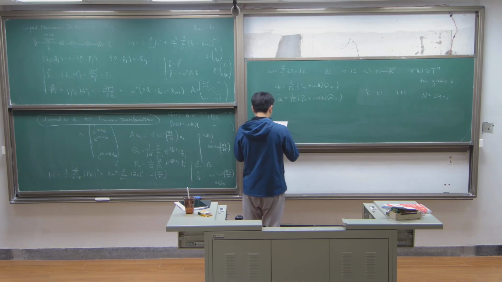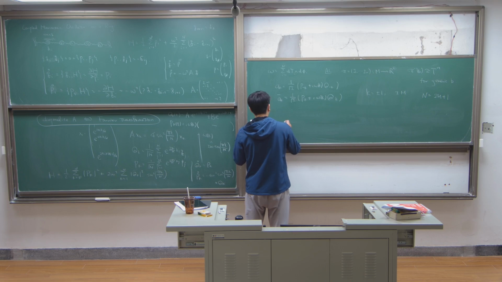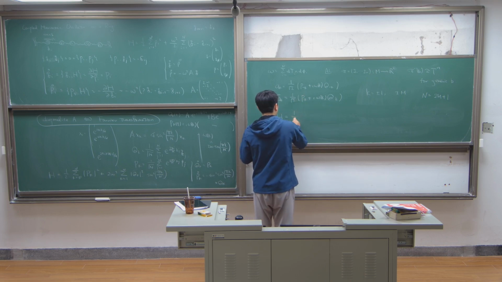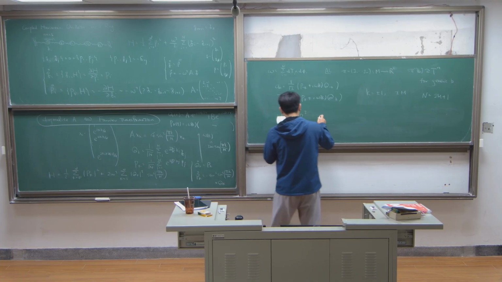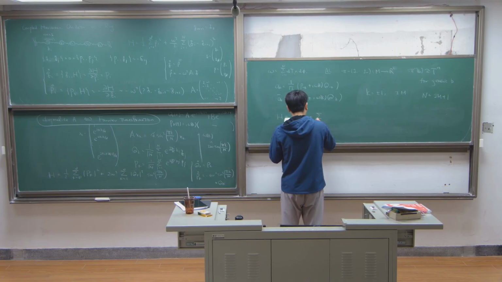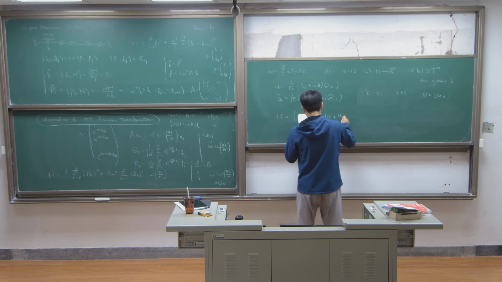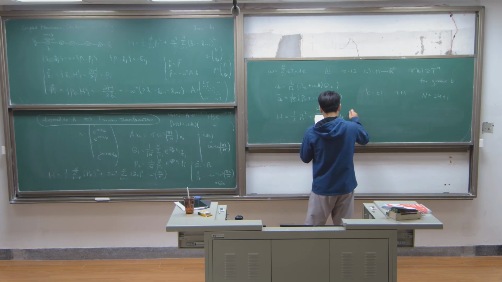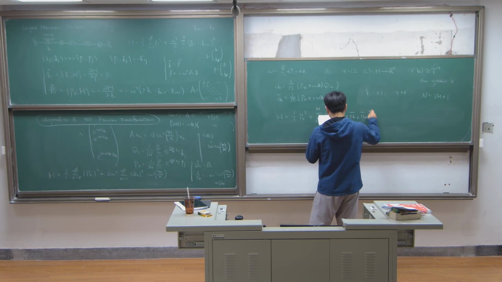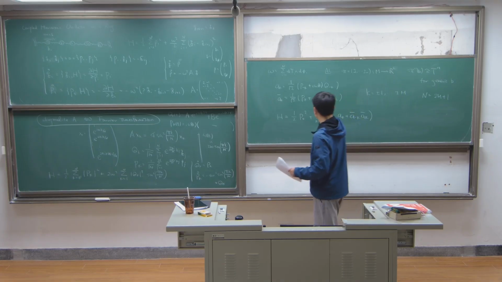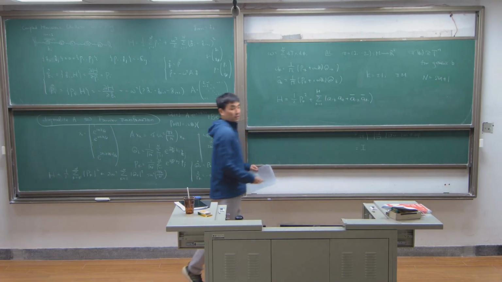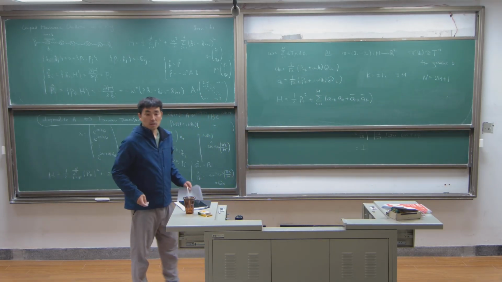Then what you get is that this Hamiltonian can be rewritten. If you define it this way, the Hamiltonian can be written like this. It's a very familiar form if you have learned quantum mechanics.